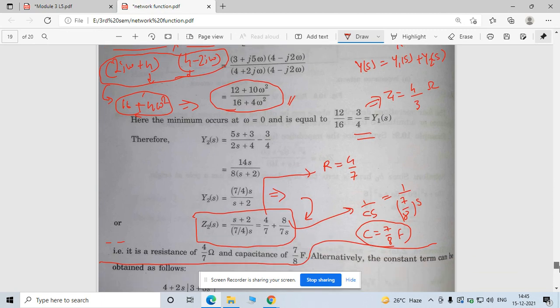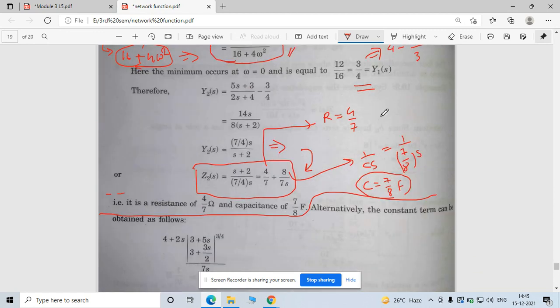Okay, so that means this value is convert into the admittance format. Here what I did is, I explained this in impedance format. But once you find out this term, you can also represent that term in your admittance format, right?